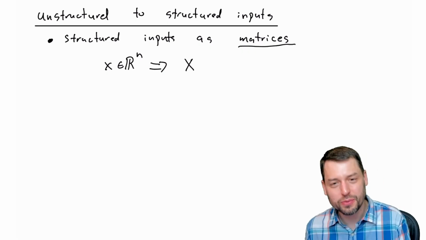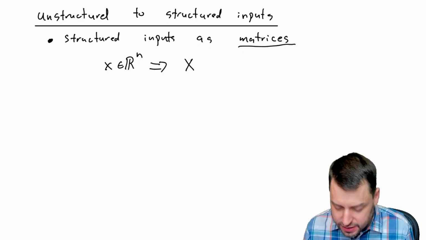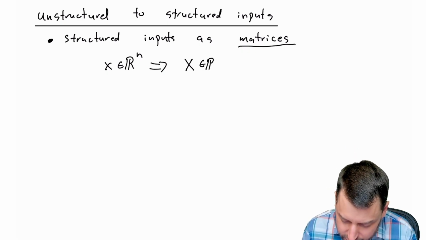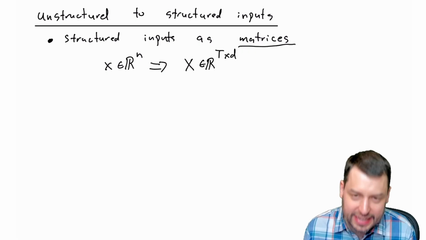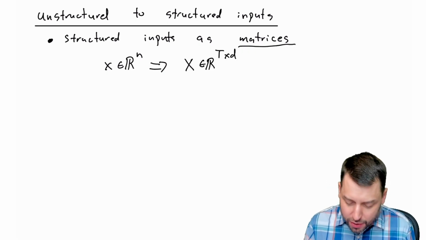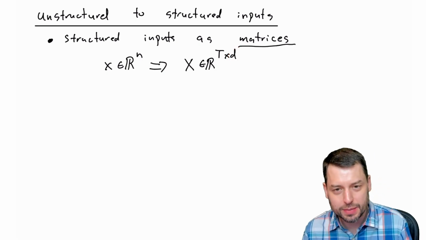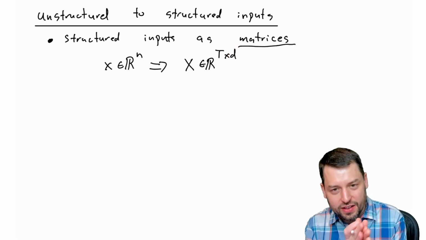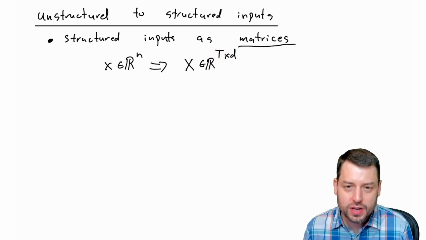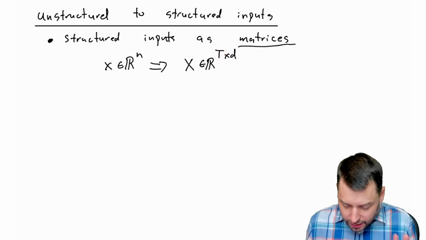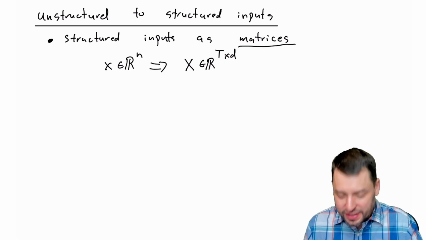Hopefully it'll be clear which one we mean. But we're going to think about representing these things as matrices, which we will denote in general as being T by D dimensional. I'm going to use D as the dimension for the number of columns in the matrix, and T is the number of rows. I don't want to focus too much on the details here, right?